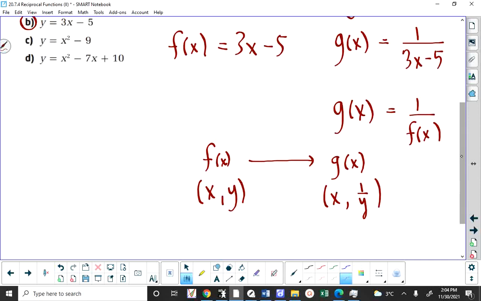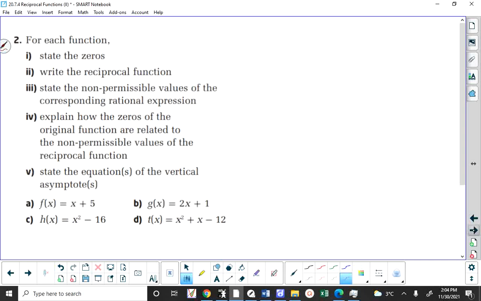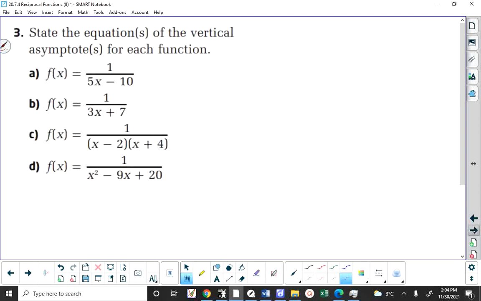That led to a number of different rules. Let's just take one here. Question 3 says what's the equation of the vertical asymptote for each function. Let's say we wanted to sketch the reciprocal function f of x equals 1 over 5x minus 10.